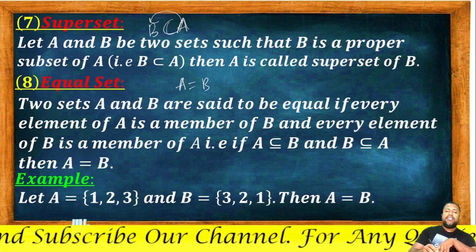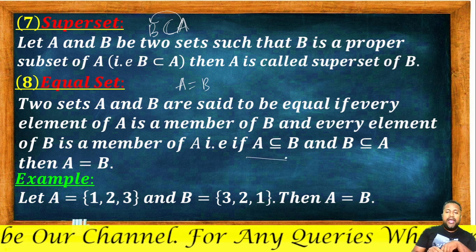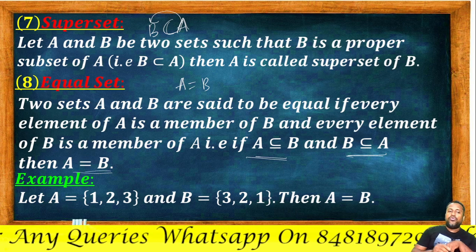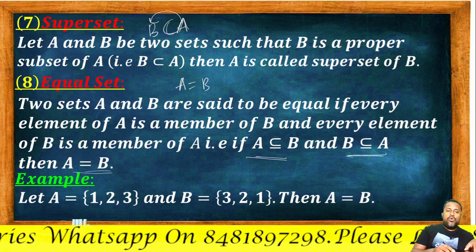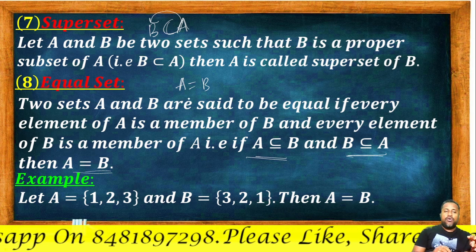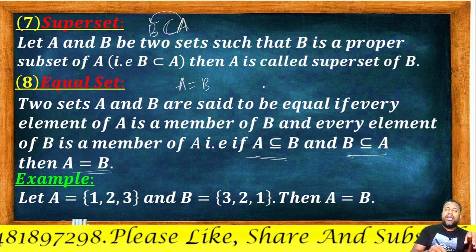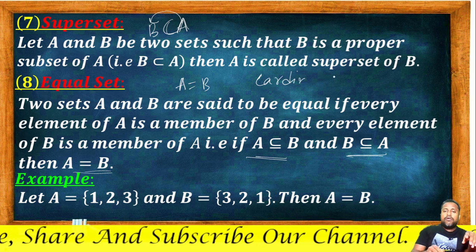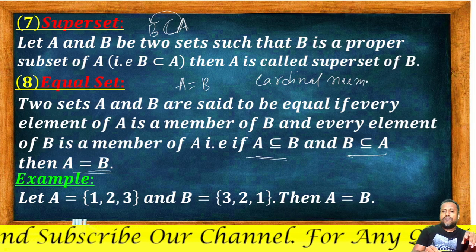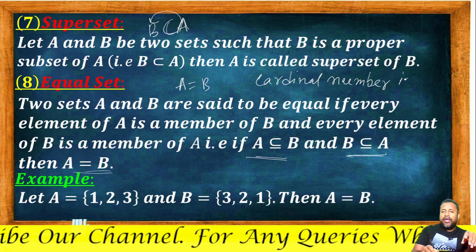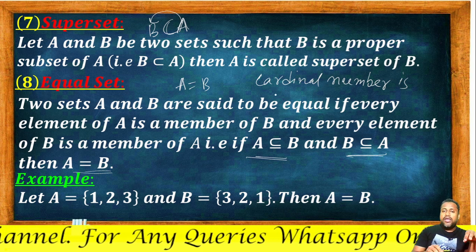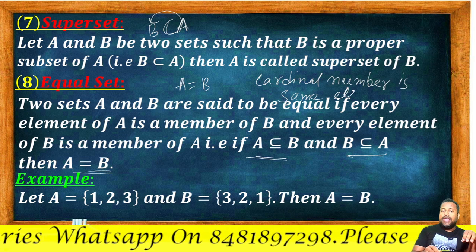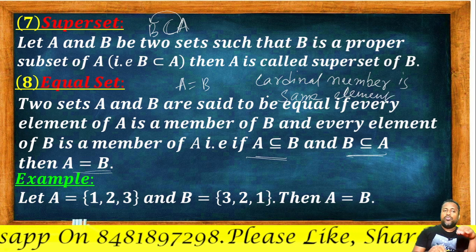Or we can define it this way also: if A is a subset of B and B is a subset of A, then A equals B. So two sets are said to be equal if their cardinal number is the same and both contain the same elements.